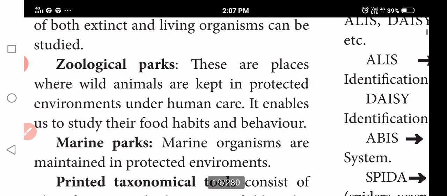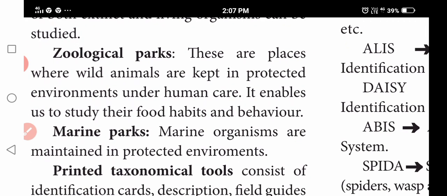Next one is the zoological park. You go into the zoological park, the zoo. Wild animals are kept in the zoo. What are the uses of zoological parks?